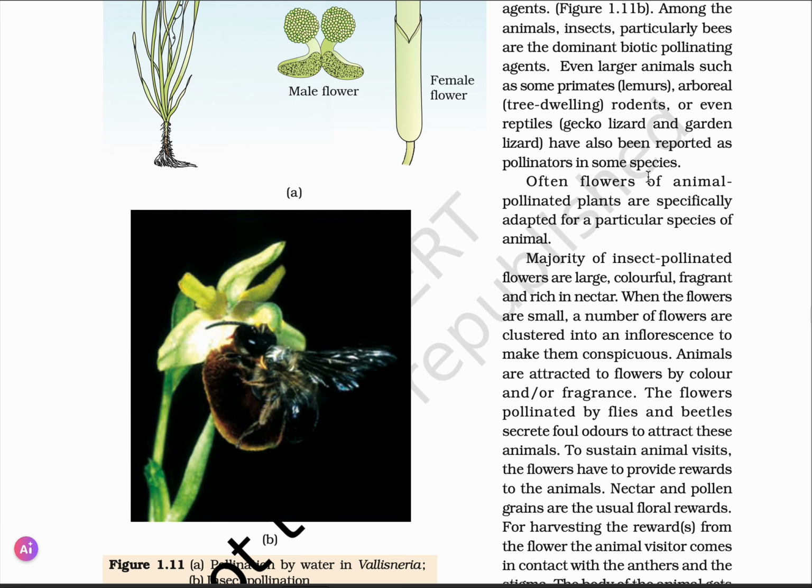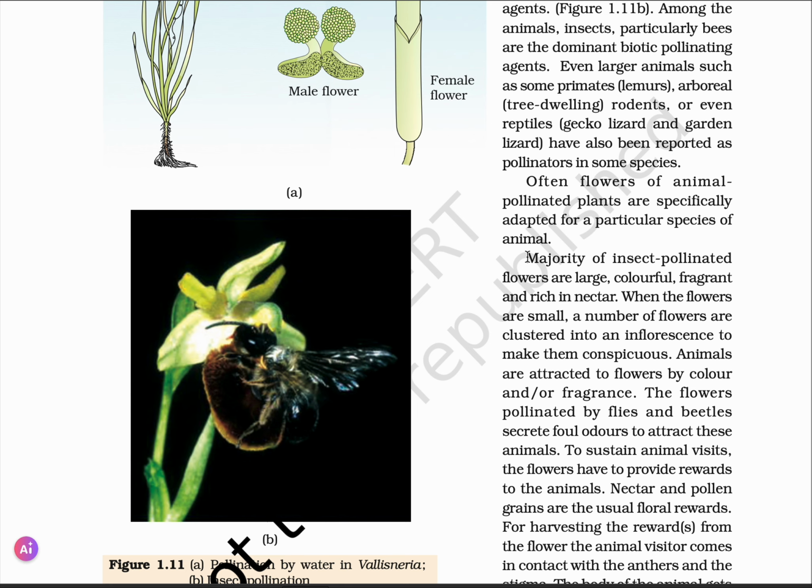Often, flowers of animal pollinated plants are specifically adapted for a particular species of animal. The flowers that are animal pollinated are adapted for certain species because a few produce smell, fragrance actually, and a few produce bad essence, or you could say bad smell, to attract desired animals.